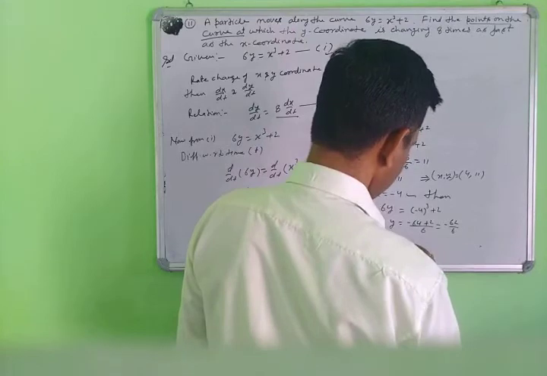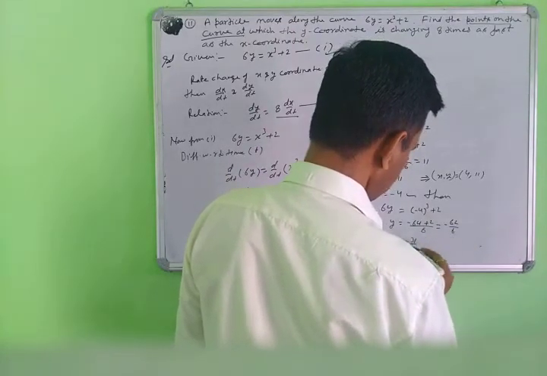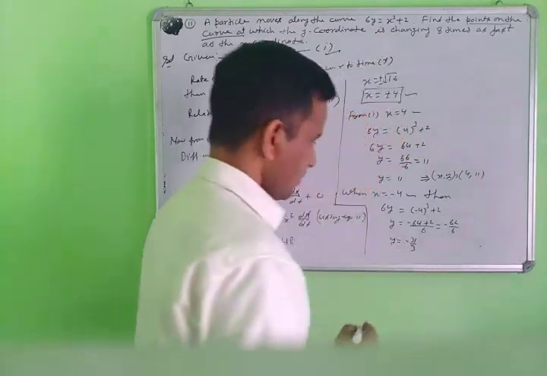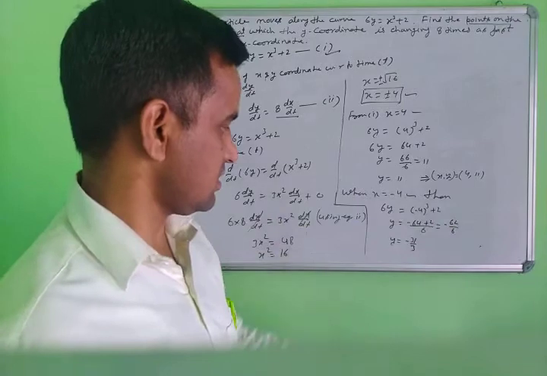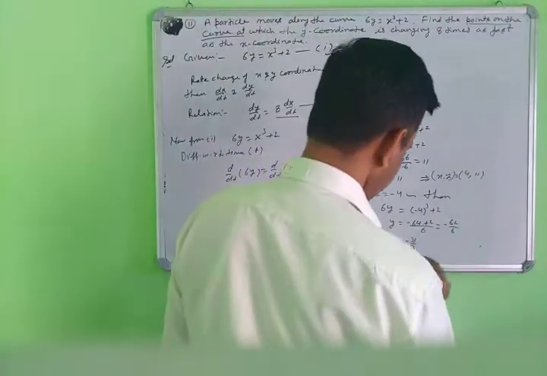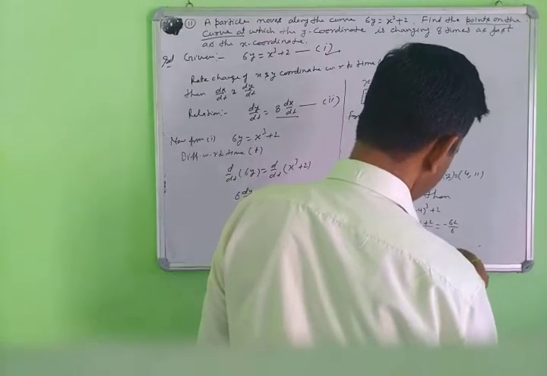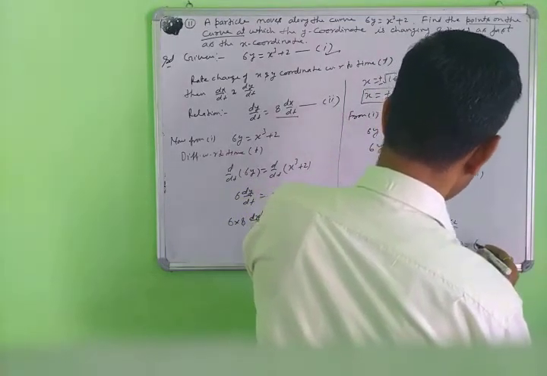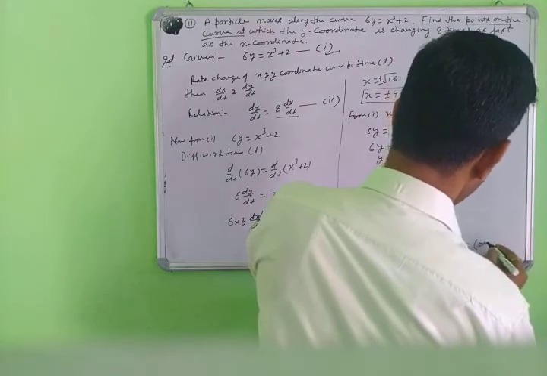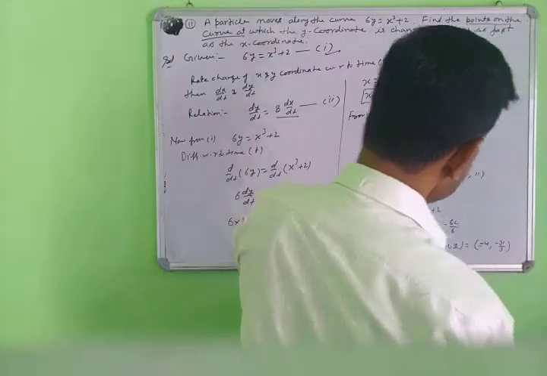Cancel by 2: y equals minus 31 upon 3. So this is the required coordinate, (minus 4, minus 31 upon 3).